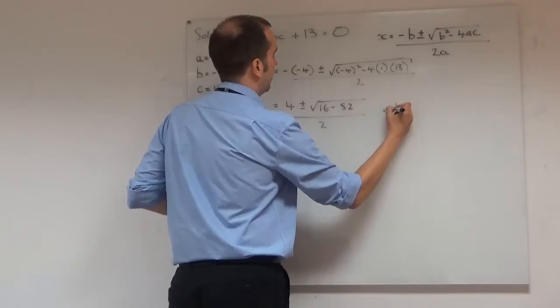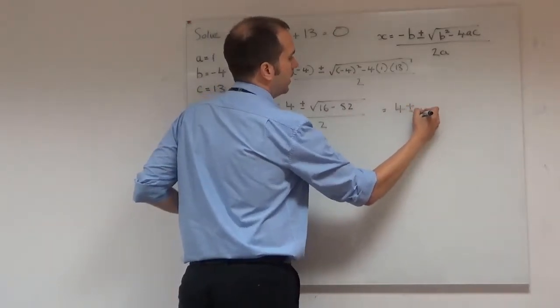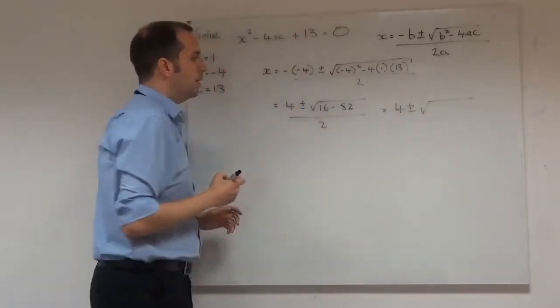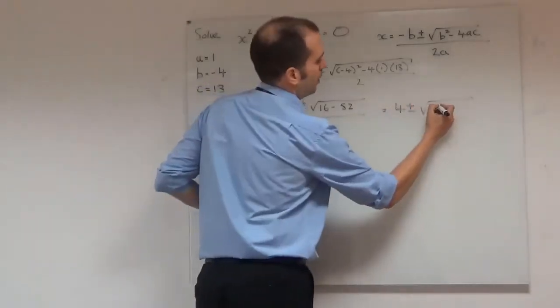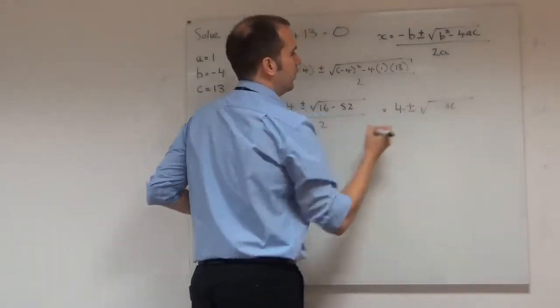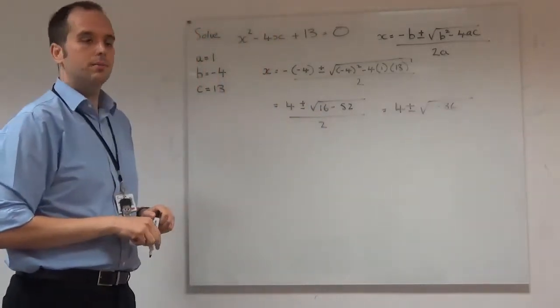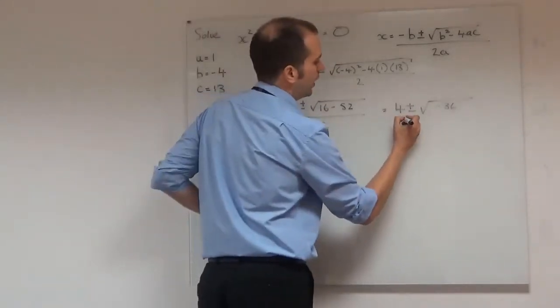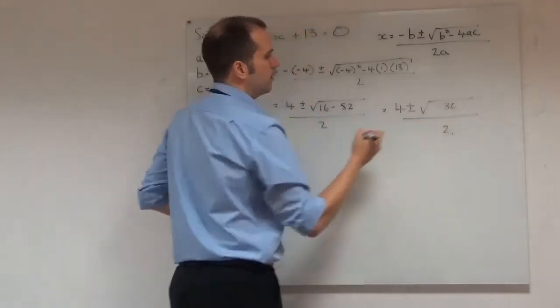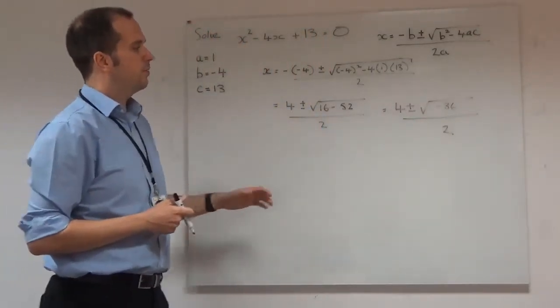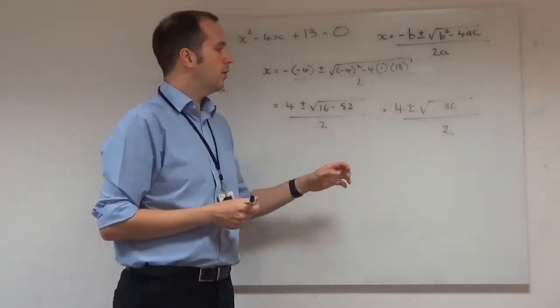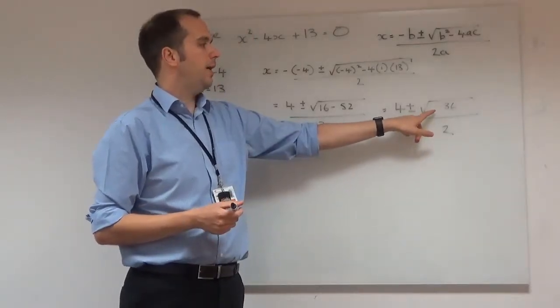So we've still got our 4 plus or minus, and then we have 16 minus 52, which I believe is going to give us minus 36. And that is all divided by 2.